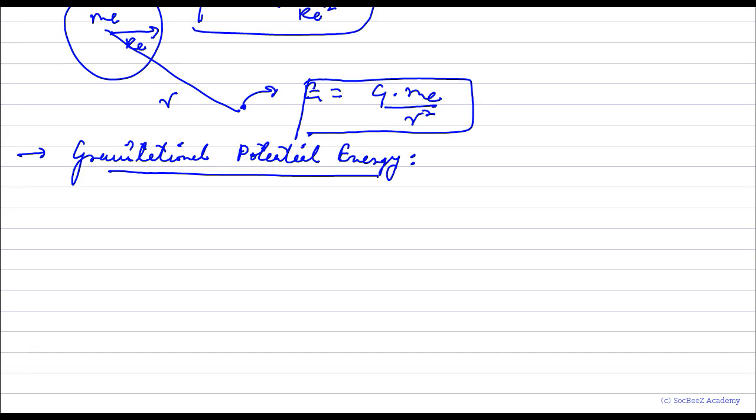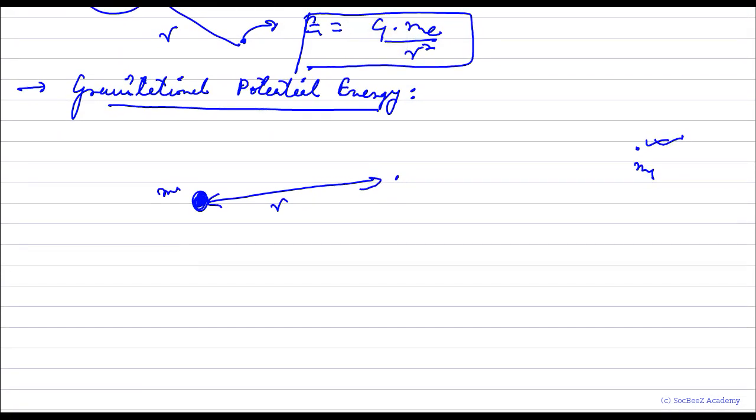So let's say this is my other body of mass m, and I have a body which is of mass m1, which is initially at infinity, and it is brought from infinity to a point which is at a distance of r from this body of mass m. So gravitational potential energy is basically going to be defined as the work which this force of gravity does to bring this particle of mass m1 from infinity till this point. So the gravitational potential energy actually turns out to be minus G into m into m1 upon r.